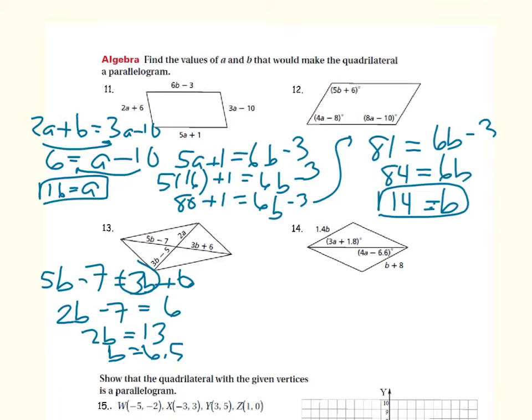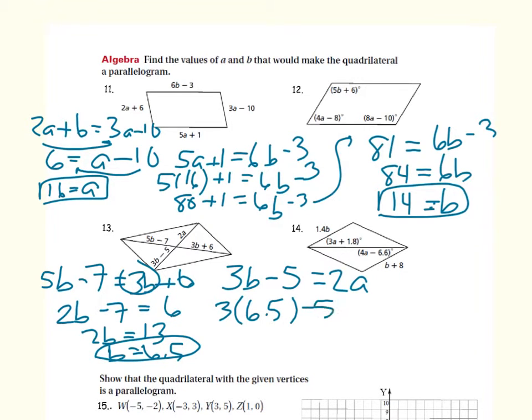Now for the other diagonal, I have 3b minus 5 should equal 2a. Well, I already found b. b is 6.5. So 3 times 6.5 minus 5 should equal 2a.